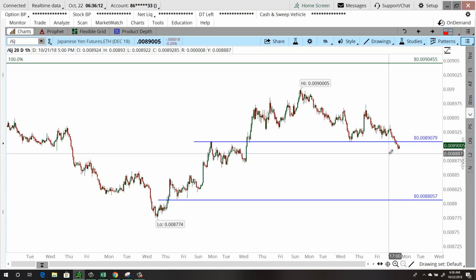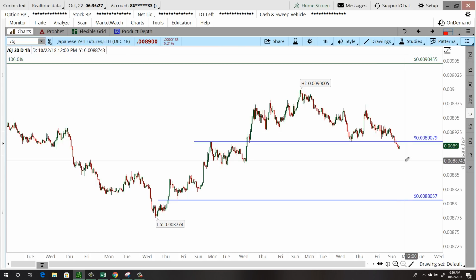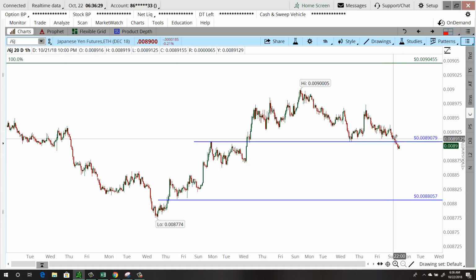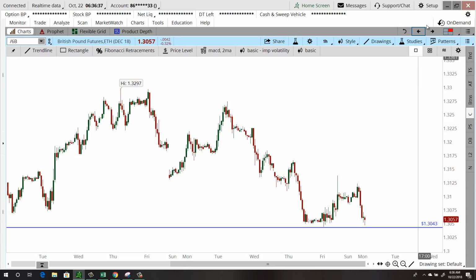So if you're short the yen, you do have the entry that has been triggered. So now your stop would be just above this region here. You should have a fairly tight stop on it right now because we've got a little bit of basing there before the drop out of the level, which is what we want to see. We want to see a little bit of basing before price just blows right through it. In the British pound, I'd like to get a few hours of just sideways price action before the breakdown.